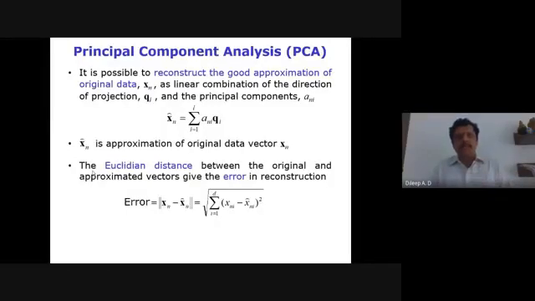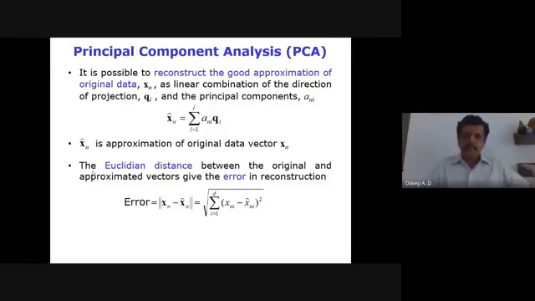The goal of principal component analysis is to select those L projection vectors such that this reconstruction error is as minimum as possible. That is the major goal. In other words, the new representation obtained by projecting onto the L directions will consist of the maximum information content of the original data. That is the important thing.